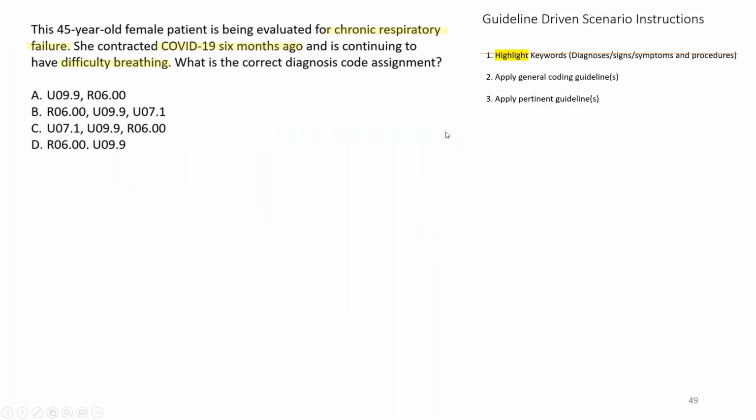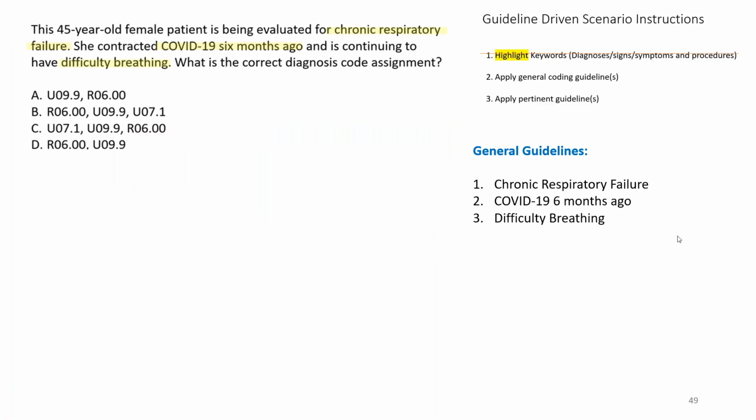All right. So let's go ahead and look at our general coding guidelines. But first, we're going to document the diagnoses. Chronic respiratory failure, COVID-19 6 months ago, difficulty breathing. Can I get rid of anything? Well, maybe the difficulty breathing is related to chronic respiratory failure.